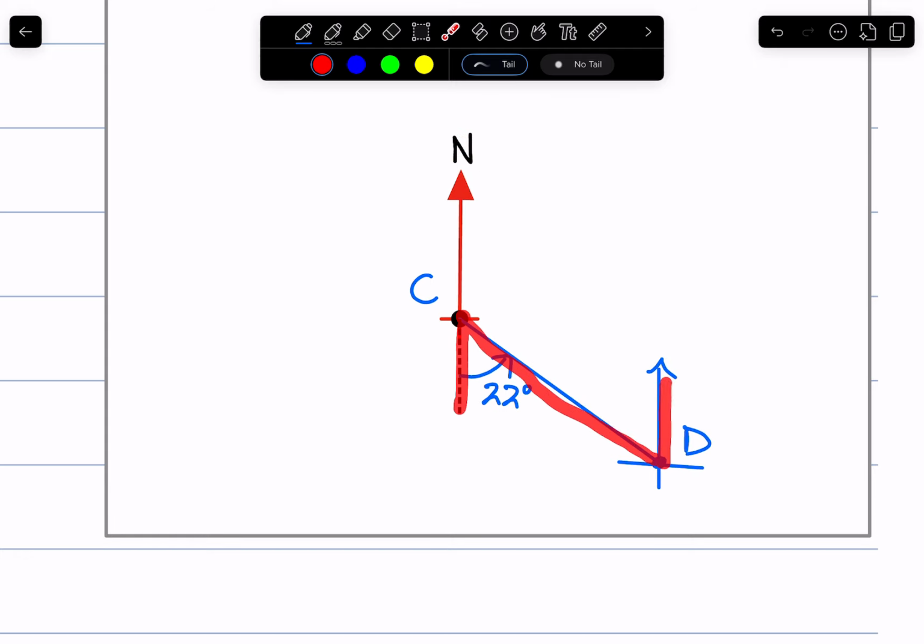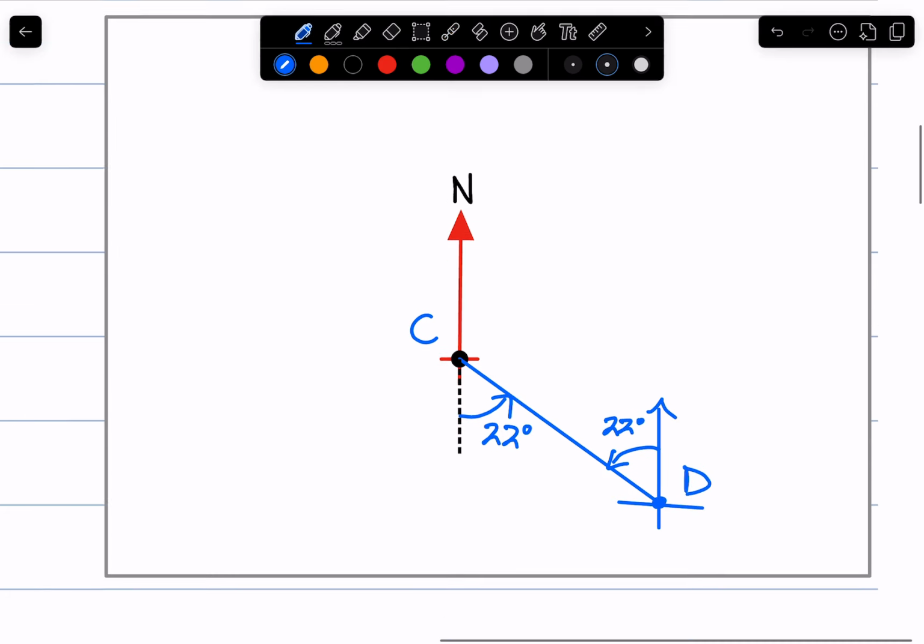Because we can see this Z being formed, this angle is an alternate angle to 22. So this angle here is also 22 degrees.